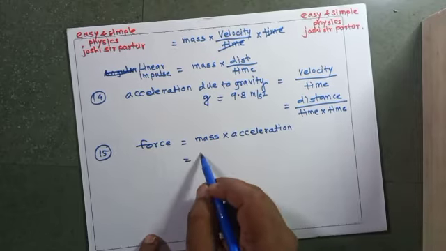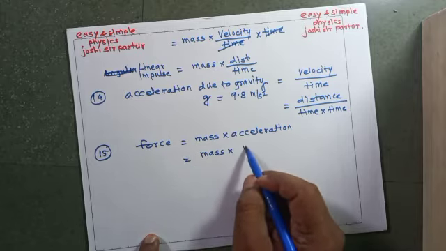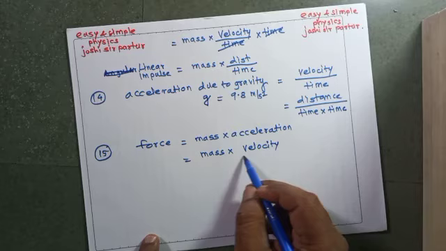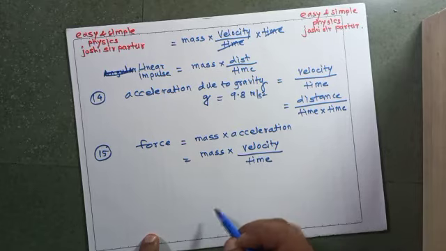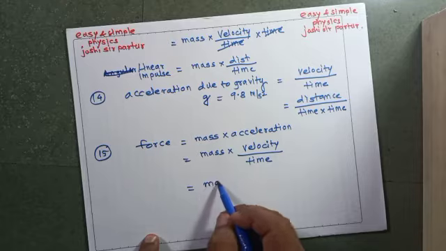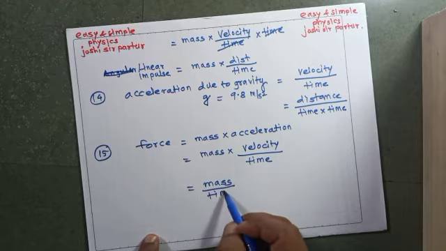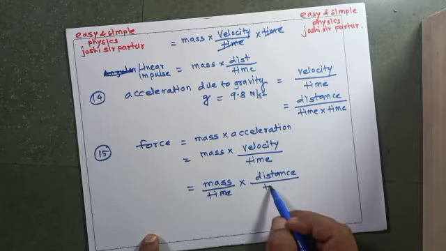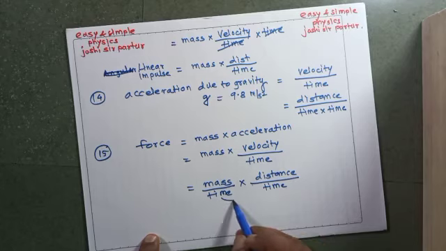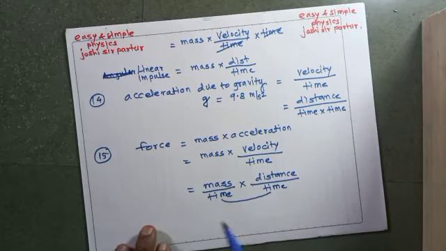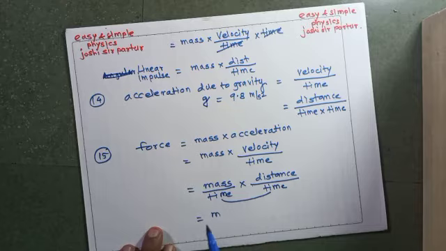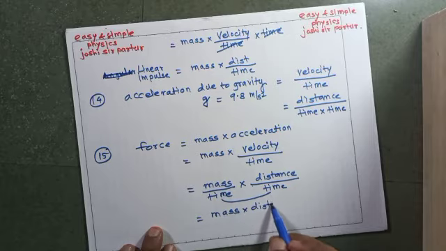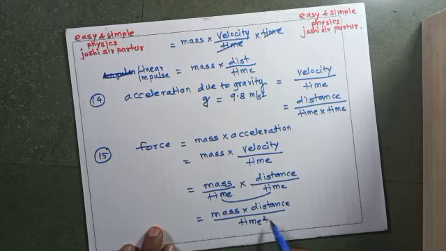So force is mass multiplied by velocity divided by time, which is mass multiplied by distance upon time, multiplied by 1 upon time. Multiplying time and time, the formula for force is mass multiplied by distance divided by time square.